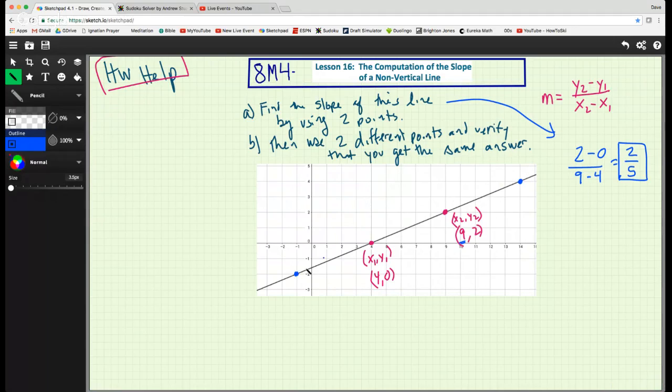Now I'm going to use these points way apart, and we're going to see if we get this 2/5 again. Hopefully we better, because the rule is you always should get the same number. Now I'm going to even go backwards. I'm going to make this be point 1 and this be point 2. So this is going to be my x2, y2, and that's going to be -1, -2. And up here I'm going to have 14, 4.